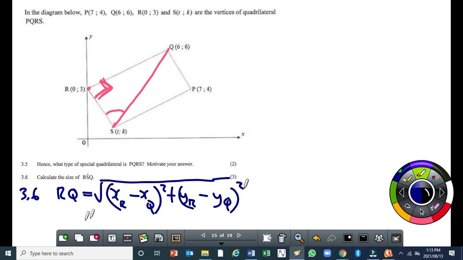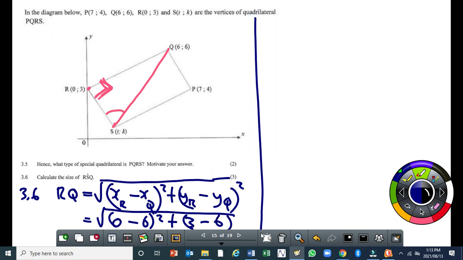Then if I substitute here, my XR is 0 minus XQ, that's 6. My YR is 3, and then YQ is 6.